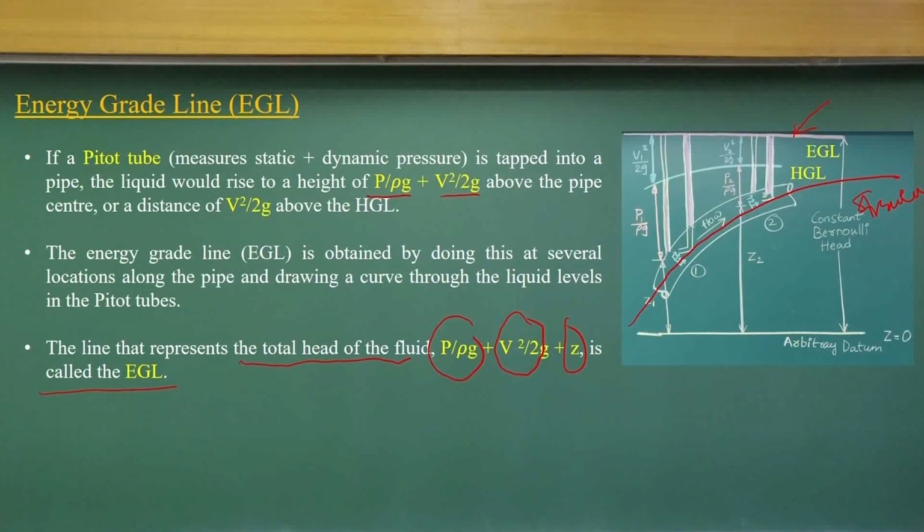The flow will be from higher energy level to lower energy level. The velocity gradient and the hydraulic gradient may have a difference, that is not a big problem, but the flow goes from high energy level to low energy level.